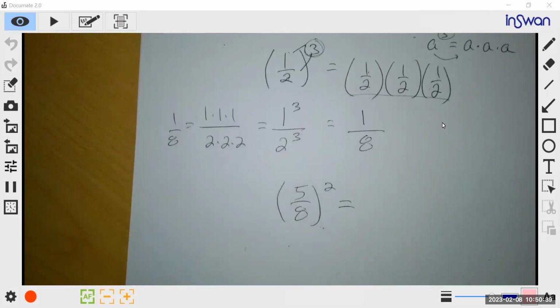What was this one? What's this one going to be equal? And this we'll call it a day. What's that one going to be equal?